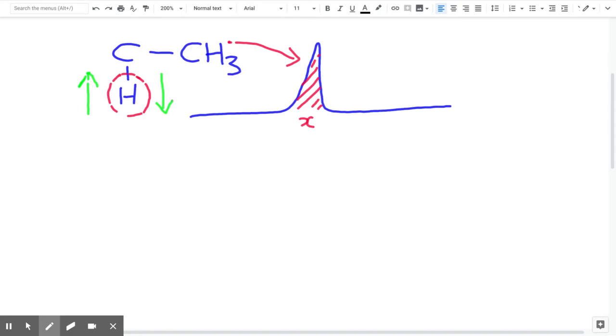And what that then does is either push or pull the magnetic field to a slightly higher reading or a slightly lower reading.